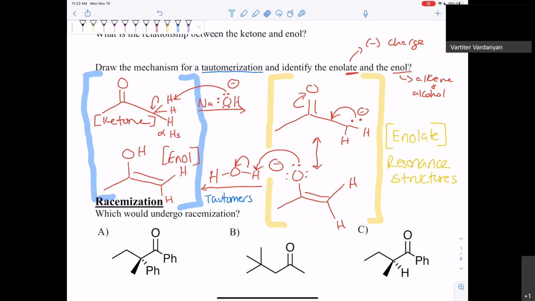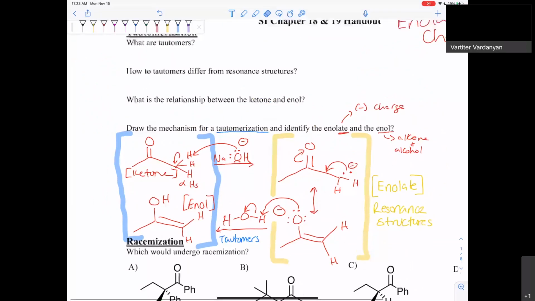Okay, how do we feel about this so far? I feel like there's a lot of names and stuff, but overall, does it make sense at this point? Yes. Okay, cool. So let's go back up here.